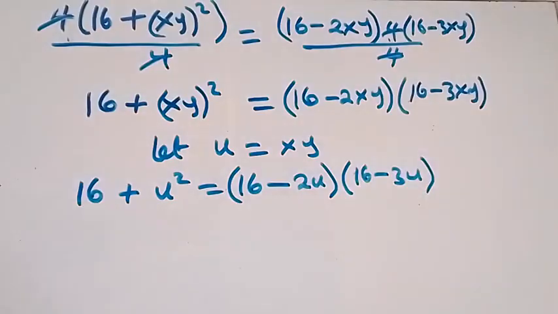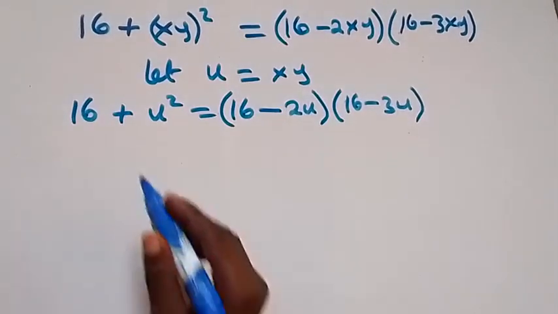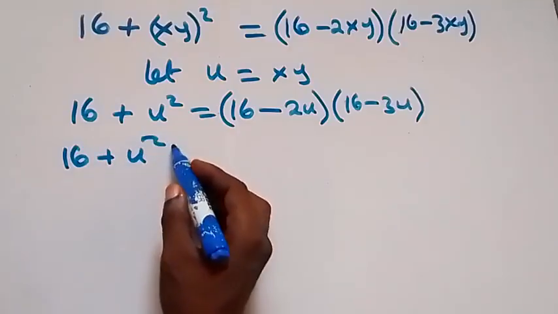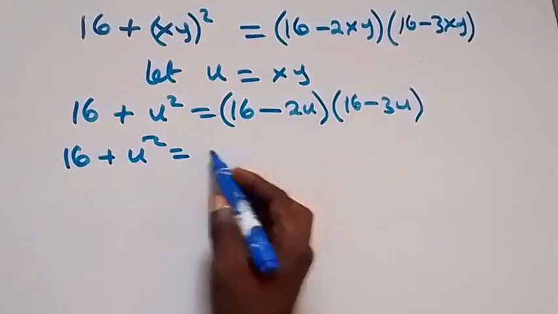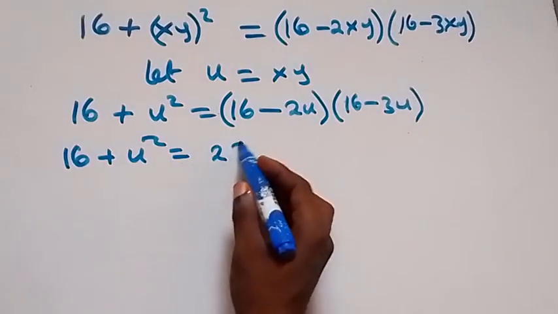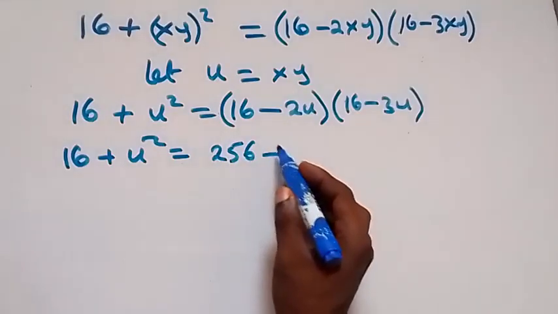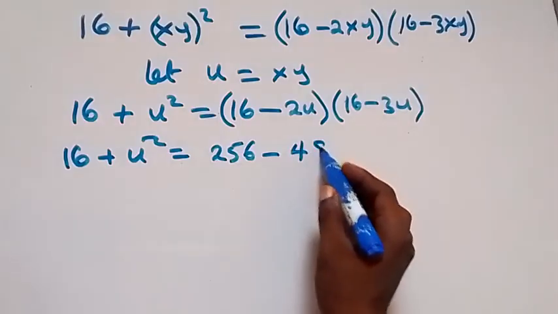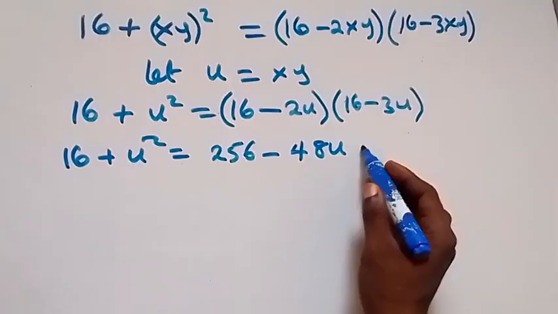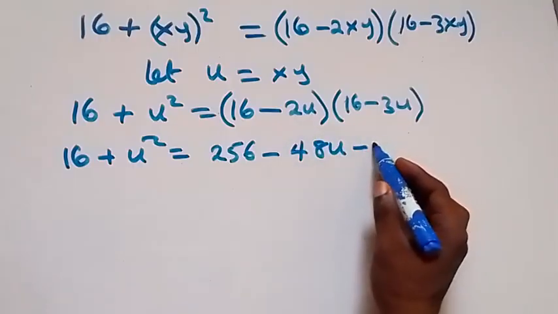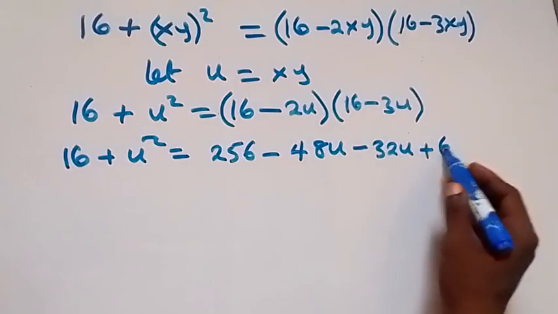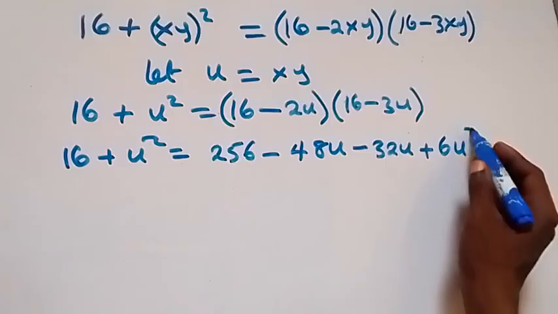So when we open this bracket and solve, we have 16 plus u squared equals, 16 times 16 gives 256, then minus 16 times 3 gives 48, minus 48u, then minus 32u, plus 6u squared.